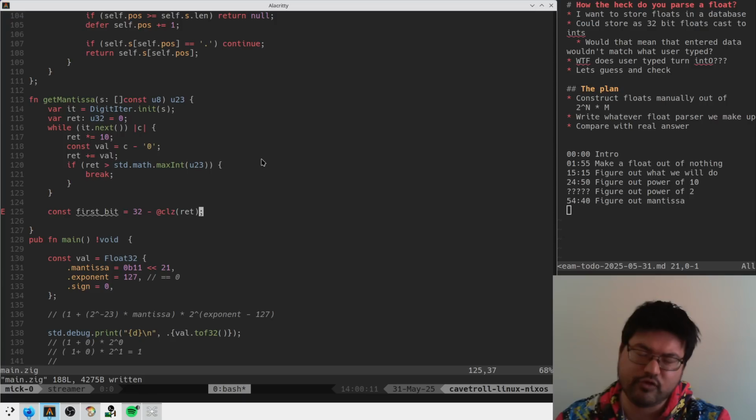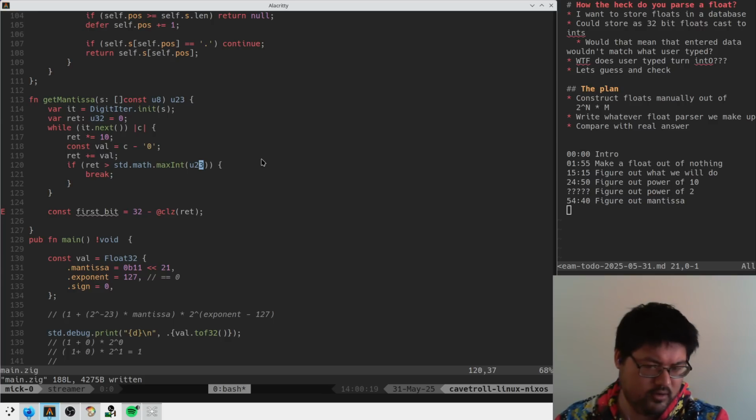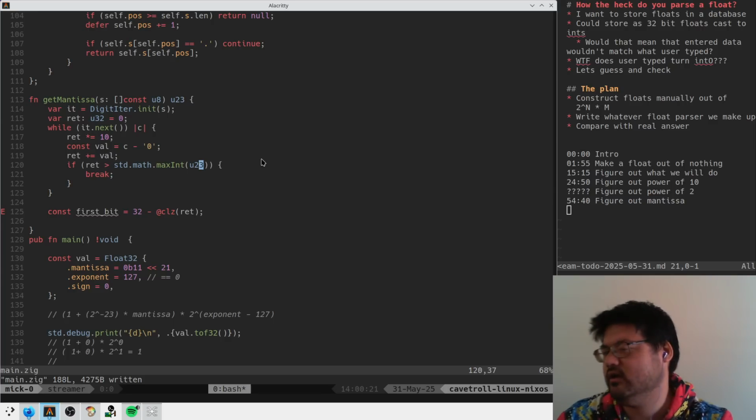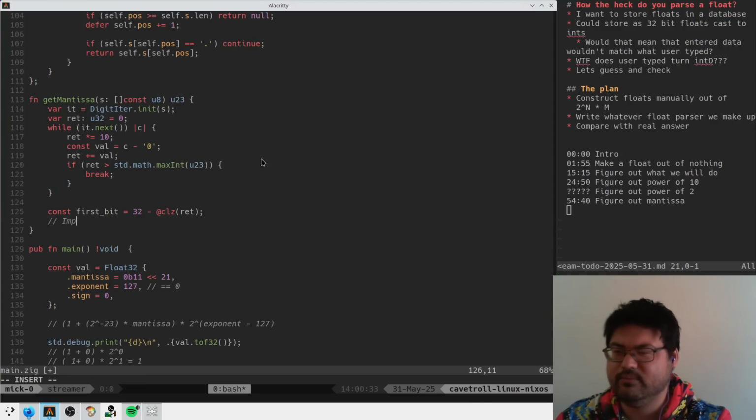And then we just want this first bit to be at 23. And we know that it's going to be bigger, right? Not necessarily. So I think that we just... So first bit is this. There's an implicit first bit in mantissa.